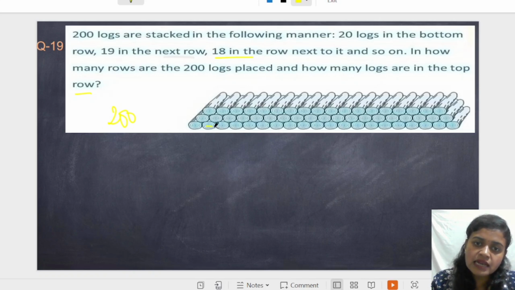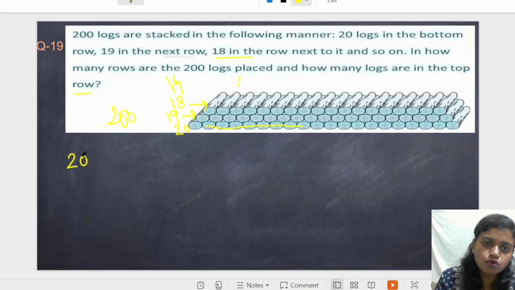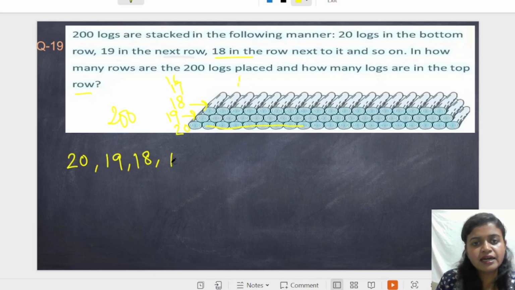They are arranged like that. The bottom row has 20 logs, the next row contains 19 logs, the next contains 18 logs, and 17 and 16 and so on will go on. So each row has one less than the previous one.